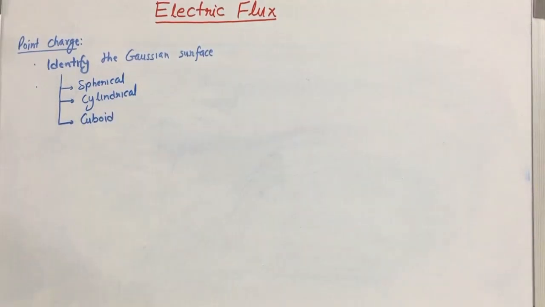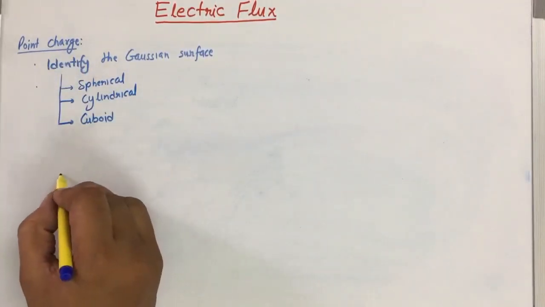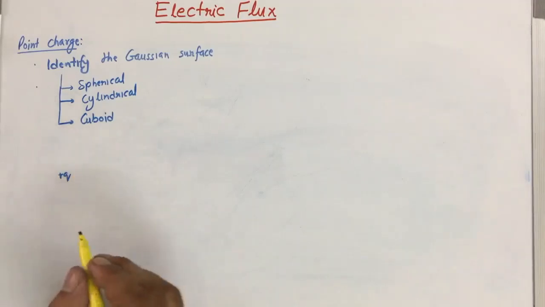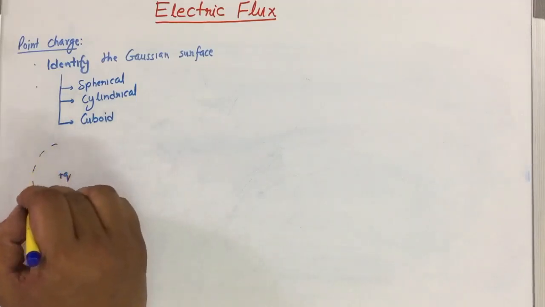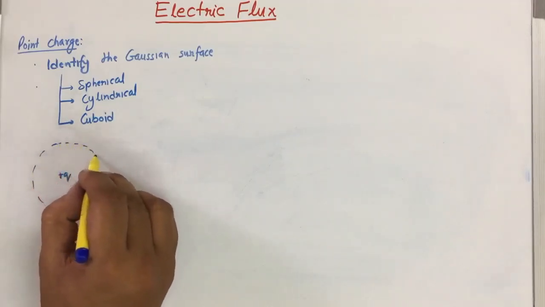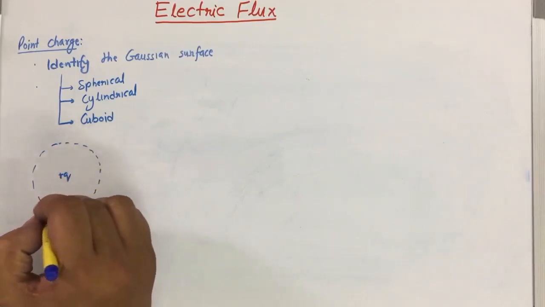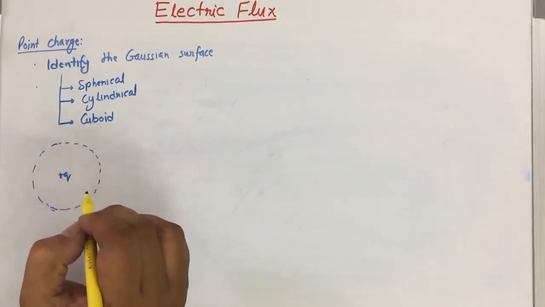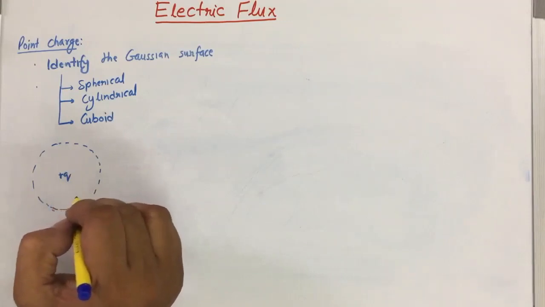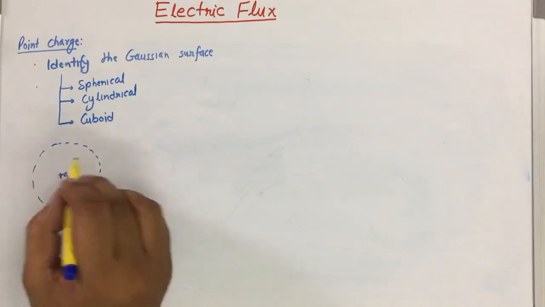For example, consider a point charge, it is Q, and you can form a Gaussian surface. The most probable, and the only possible, is the spherical surface.